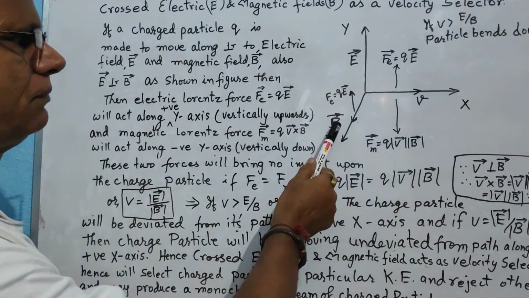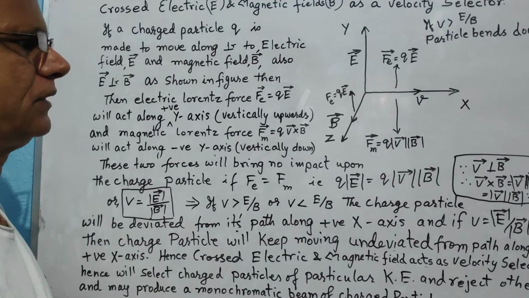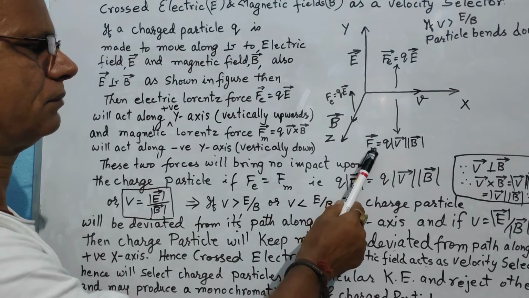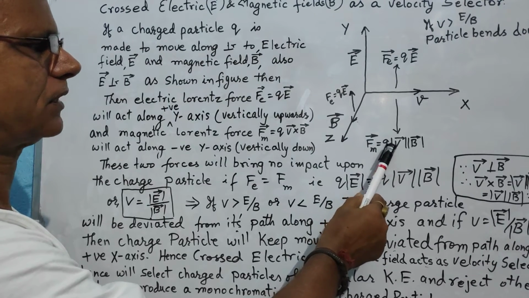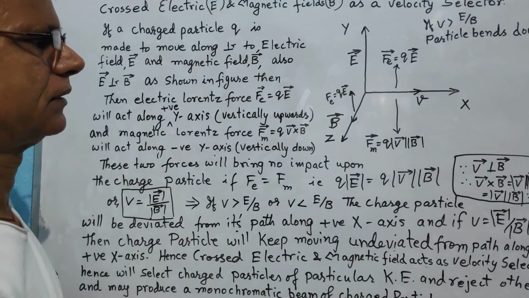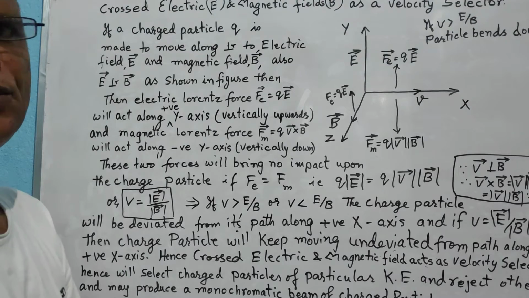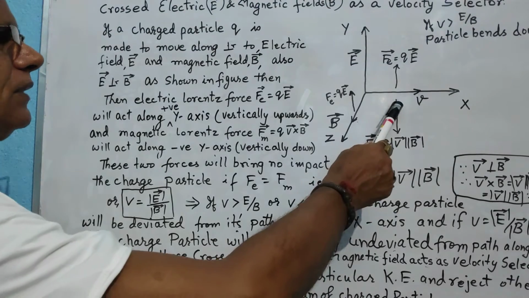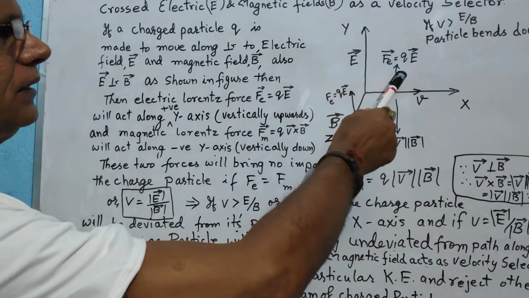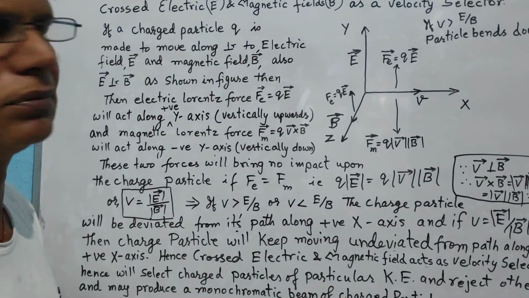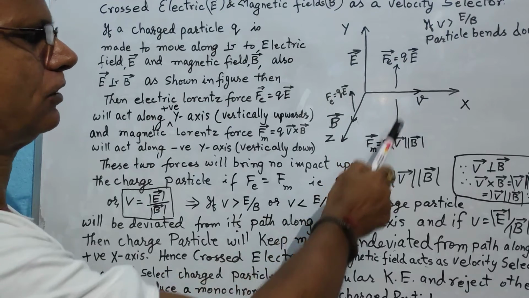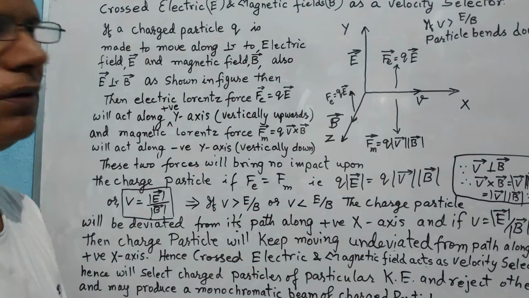Since velocity and magnetic field are at 90 degrees to each other, the magnetic Lorentz force will simply be the product of charge, velocity and magnetic field, their magnitudes only. So the electric Lorentz force is acting vertically upward, and the magnetic Lorentz force is acting vertically downward.